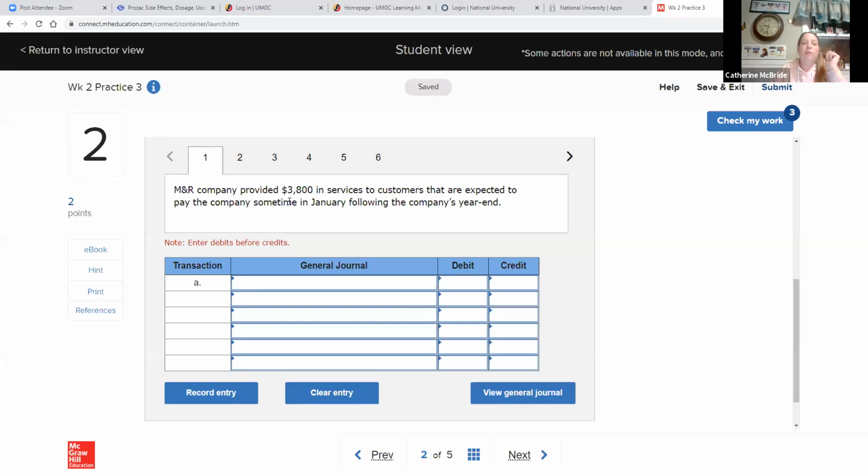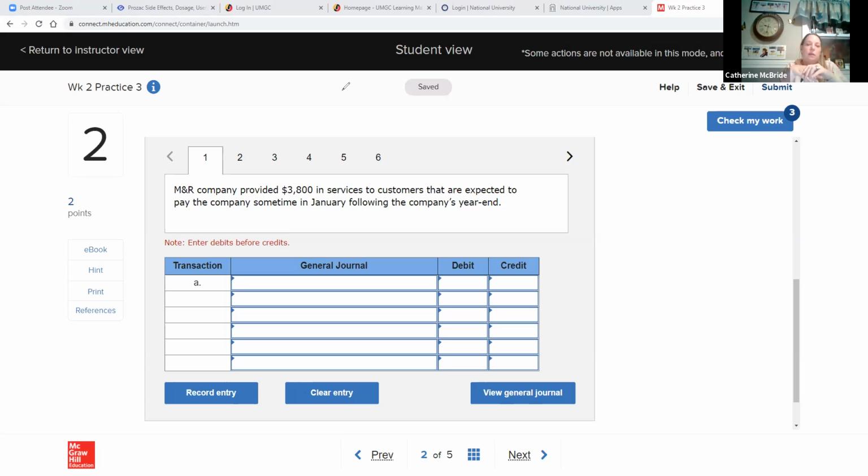Okay, M&R Company provided $3,800 in services to customers that are expected to pay the company sometime in January following the company's year end. This is another example of an entry where we have earned revenue, but we haven't billed the customer yet.